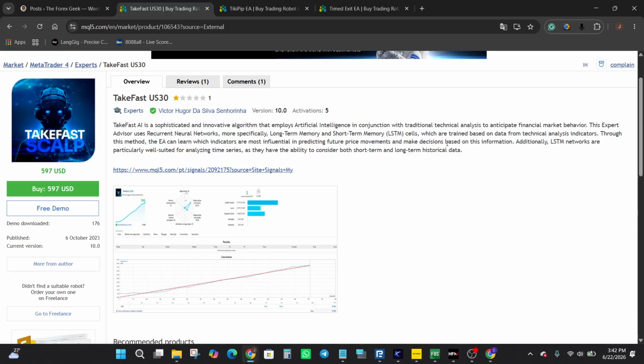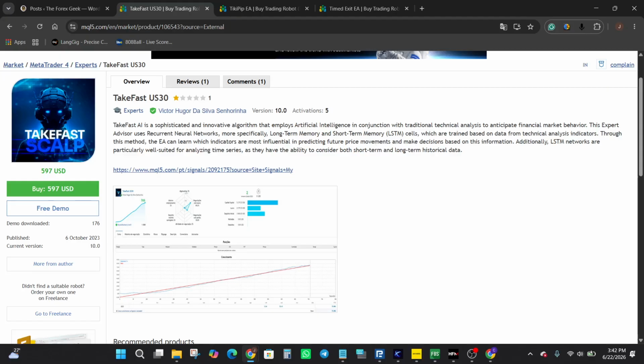So according to the developer, the EA is trained using data generated from technical analysis indicators. The purpose of this process is to identify which indicators have the greatest influence on future market movements and then use that information when making trading decisions.